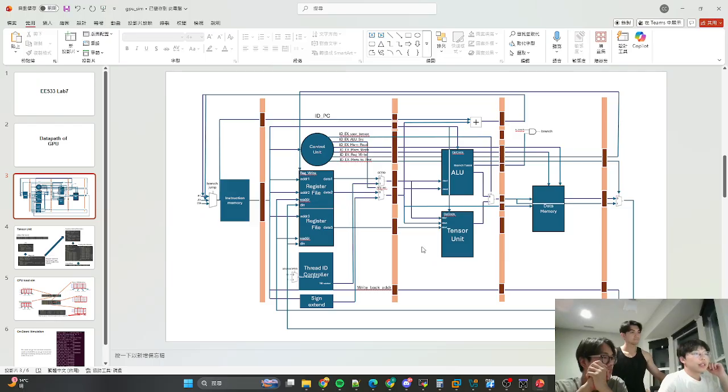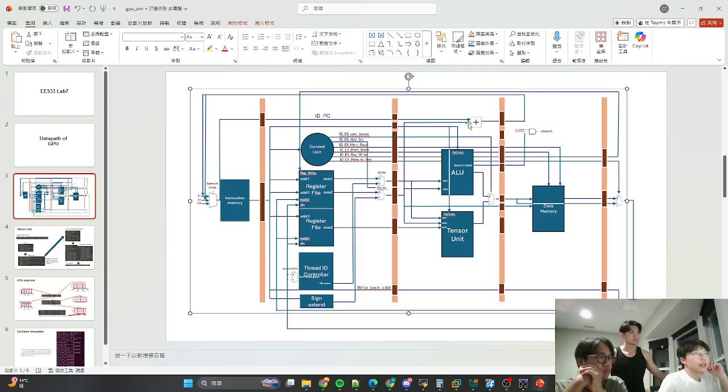Next is our EX stage. For our EX stage, we have our normal ALU to deal with normal sub or normal add instructions, and we also have a tensor unit design here in our EX stage to deal with vector calculations like vector add, vector sub, or fused operations.